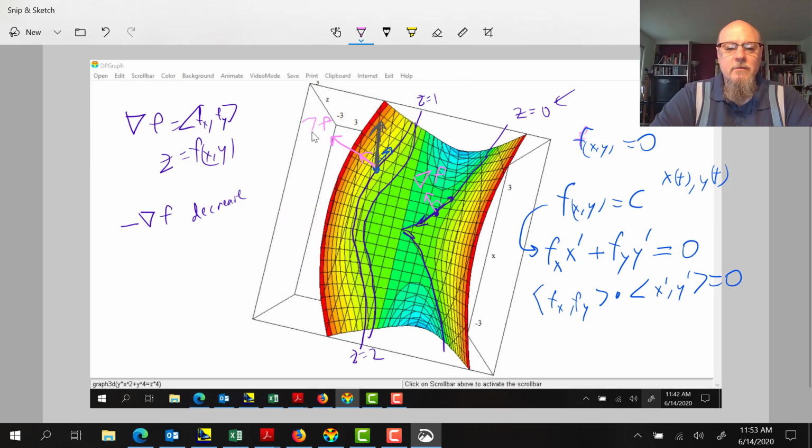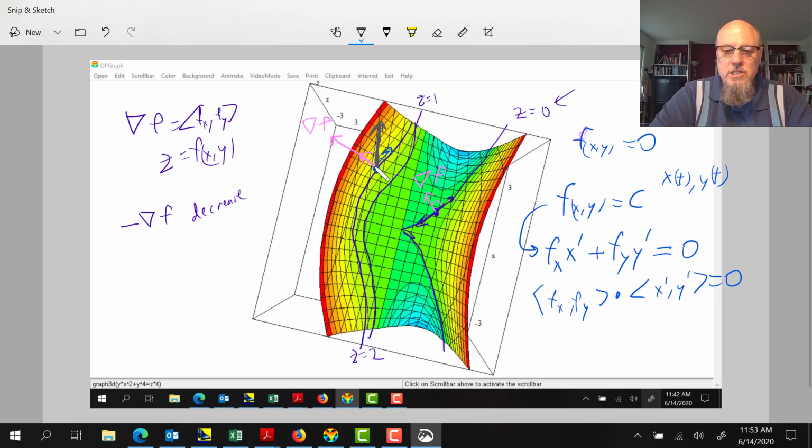Gradient's an upside down triangle. Okay. I want to know how much of the straight up the mountain gradient vector is in the direction that I'm going. That's what I want to know. So how much straight up the hill do I have when I go in this direction?